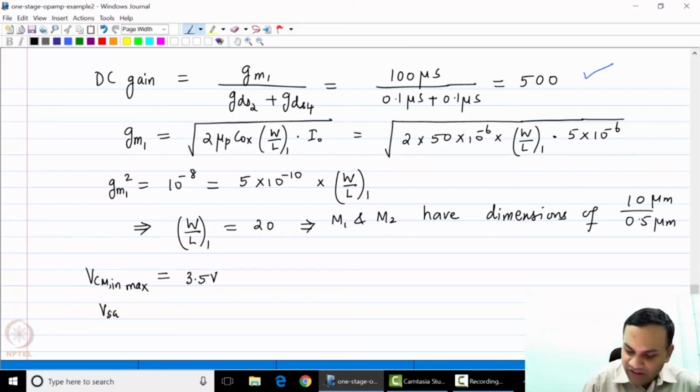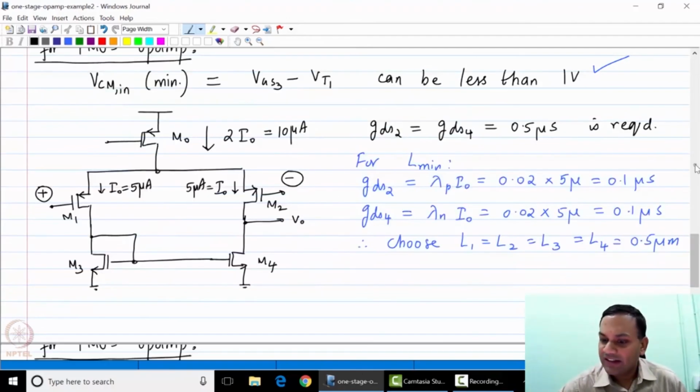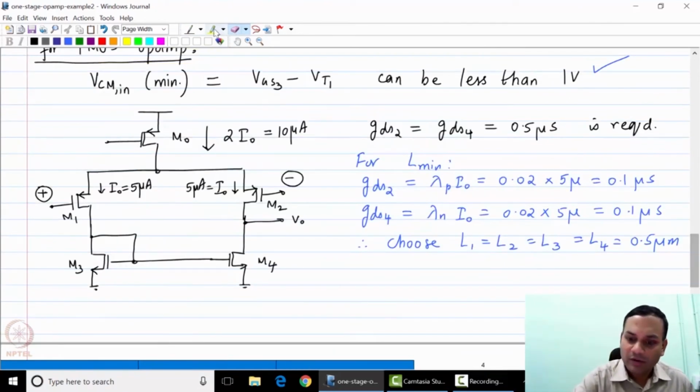This should be equal to VDD minus VSD sat 0 minus VSG1, because the maximum input common mode happens when you have exactly VSD sat across M0, and therefore the common mode at the input will be exactly VDD minus VSD sat 0 minus VSG of 1.